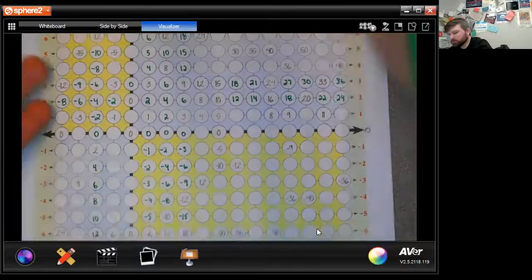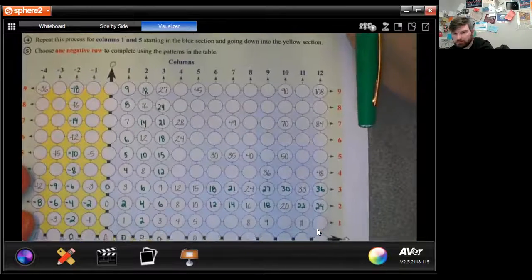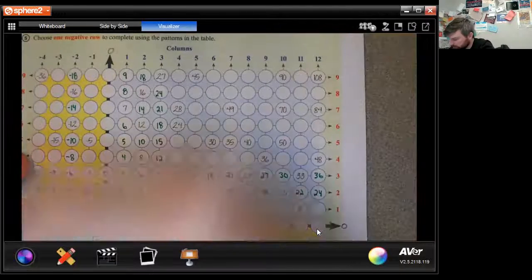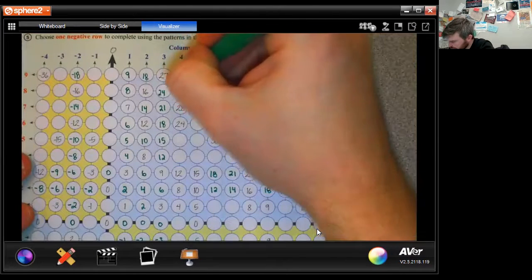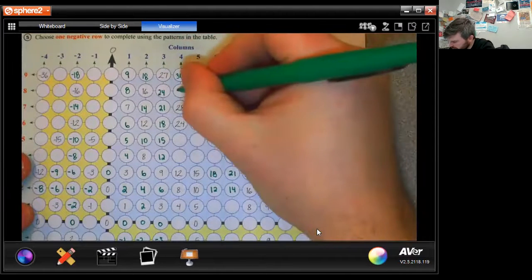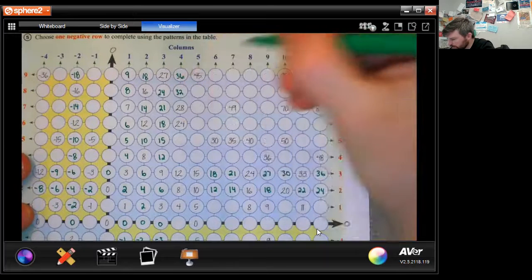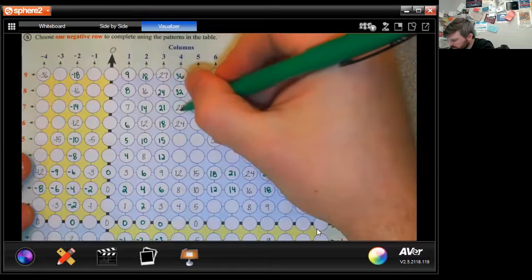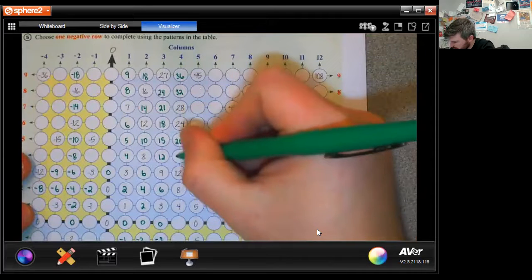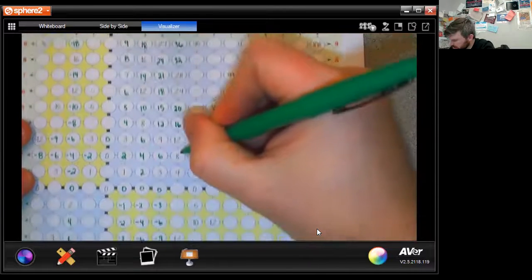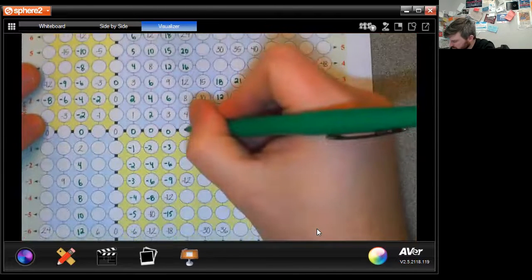So that was column 3. Looking at column 4 here, we got 4 times 9 is 36. If I go down by 4, that's 32. Again, go down by 4, that's 28, 24, 20, 16, 12, 8, 4, 0.